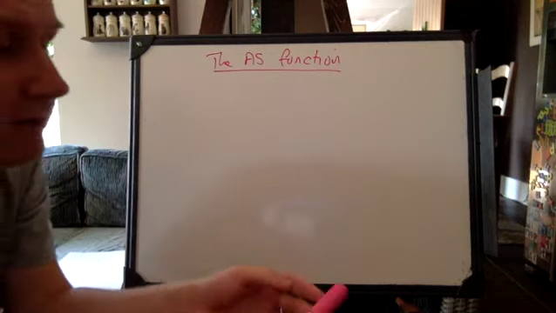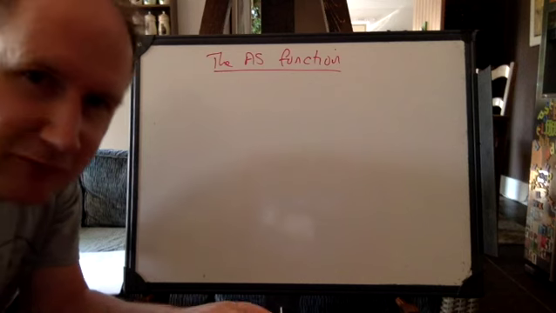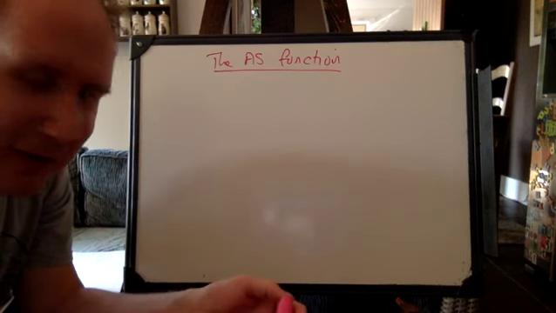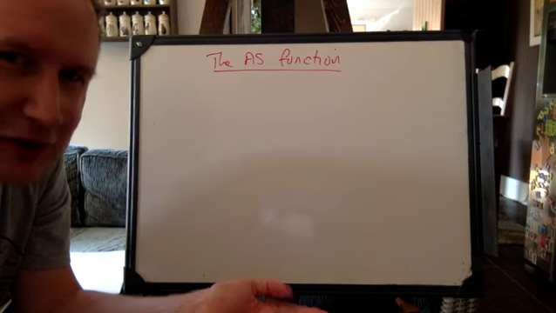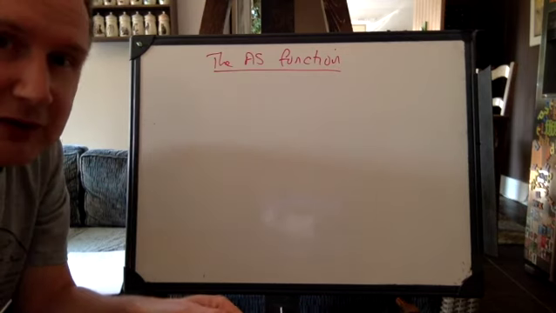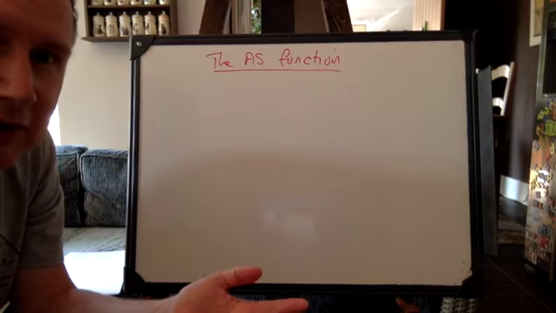Okay, so in the same way as supply in supply and demand doesn't just show the amount that's produced, nor does the AS function. What the AS function really tells us is the relationship between price and output.